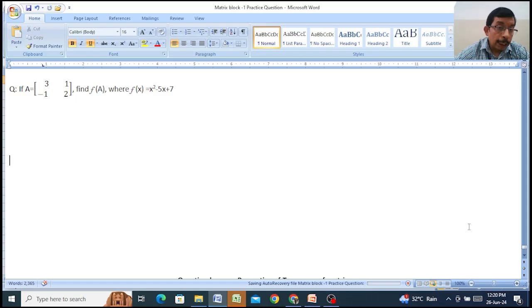It means we put x equal to A. x is replaced by the variable A, then we find the value of f(A). It is clear now.